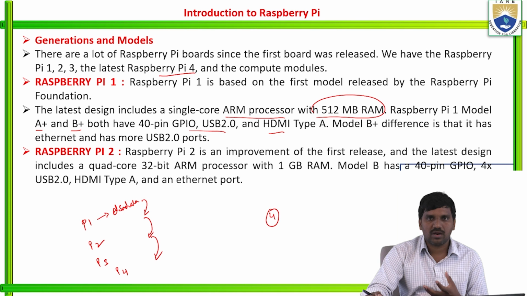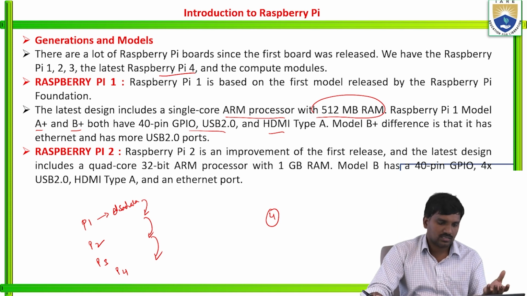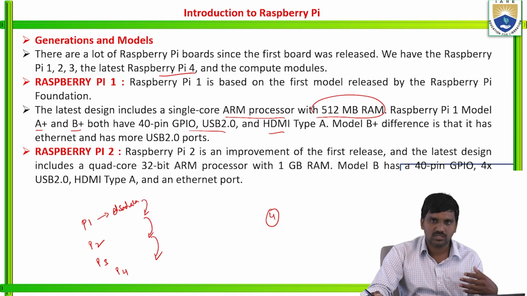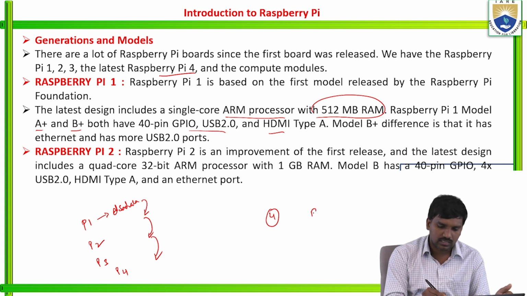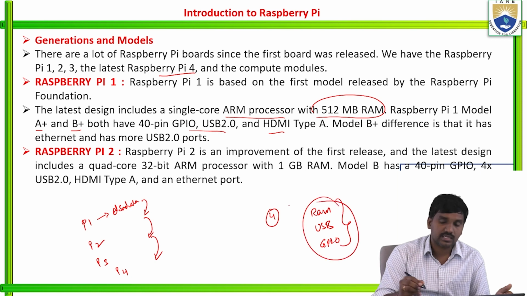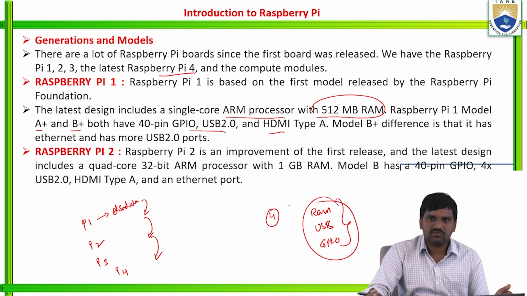Type A and Type B models are also available based on Raspberry Pi generations, which we'll discuss in the next slide. The Model B plus difference is Ethernet and more USB 2.0 ports. The only differences are the RAM size, USB ports, and general purpose input output. In terms of these, there is differentiation among all four models.